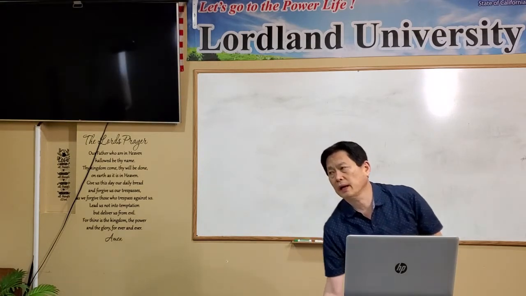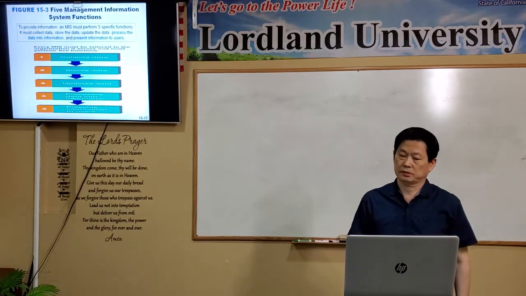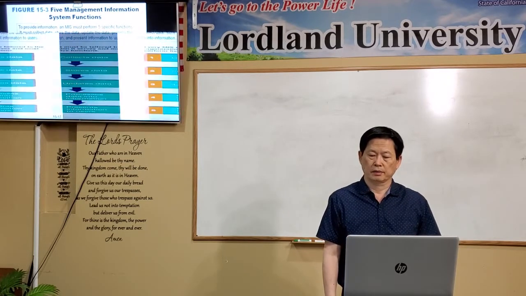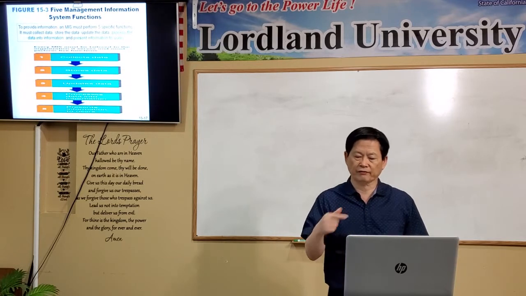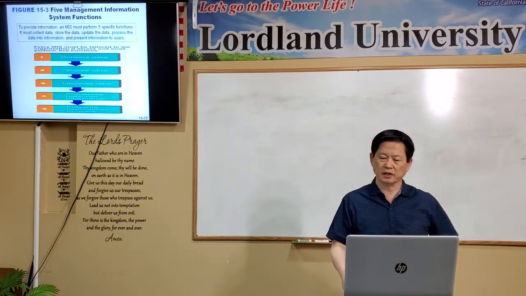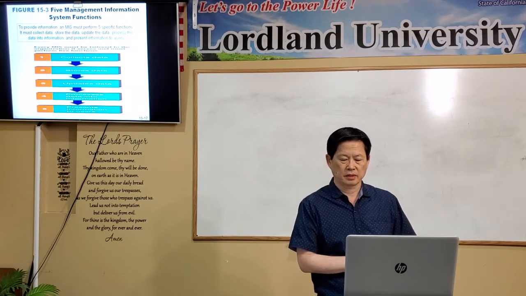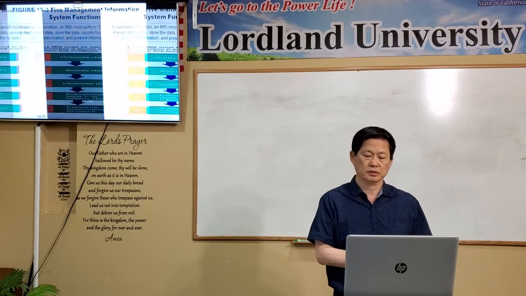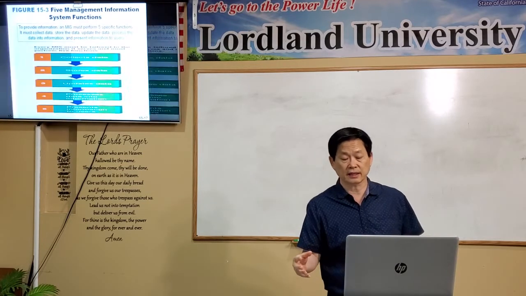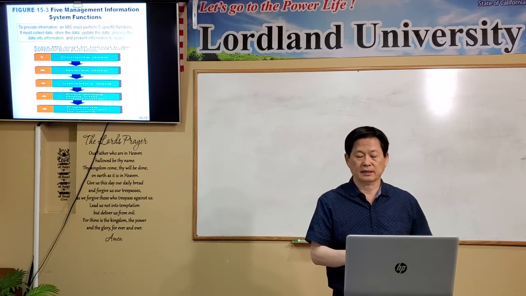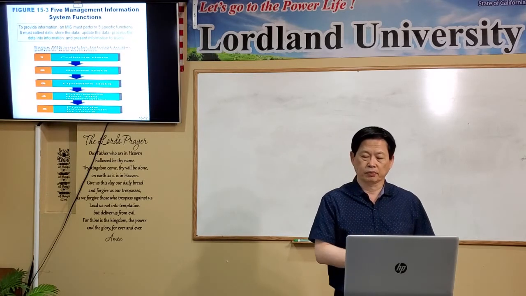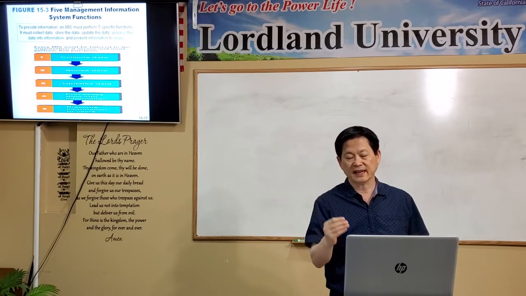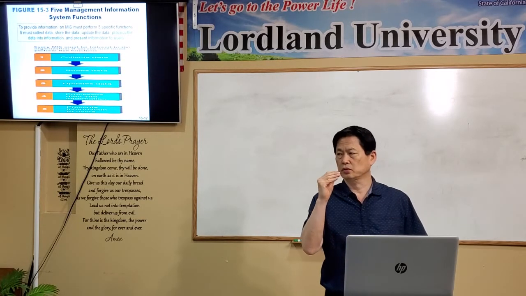In order to provide useful, relevant information to the users, the management information system must perform the following 5 specific functions: collecting the data, storing the data, updating the data, processing the data into useful information, and presenting this information to the users.